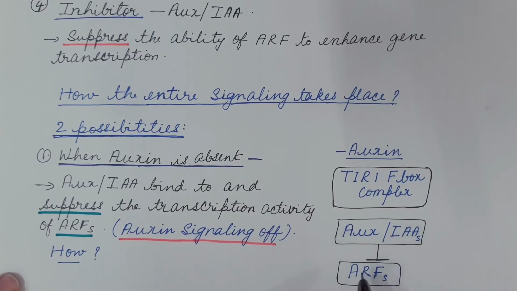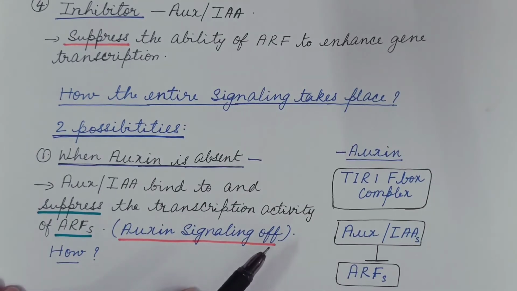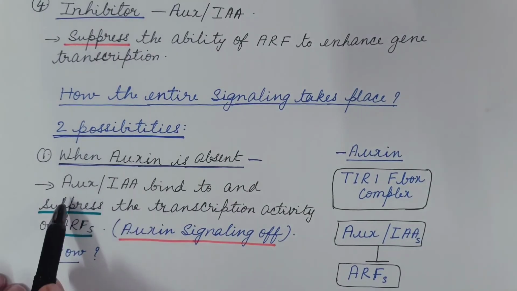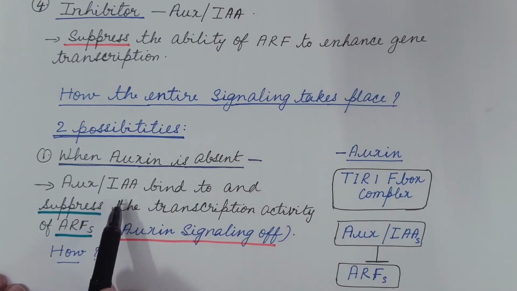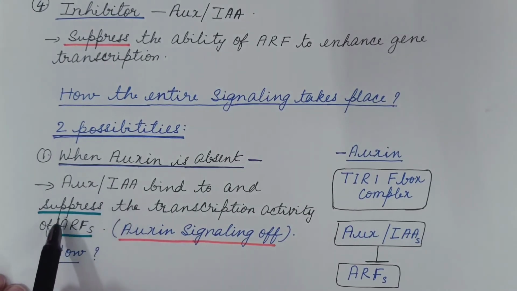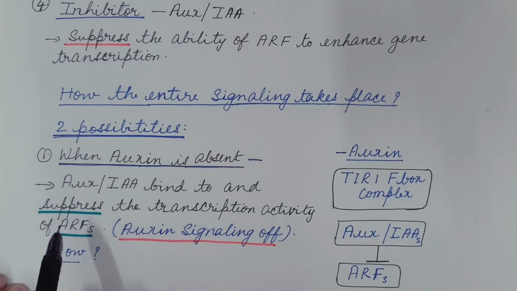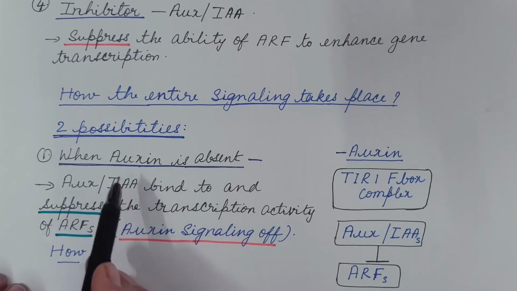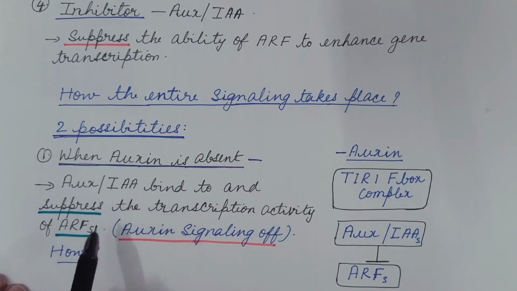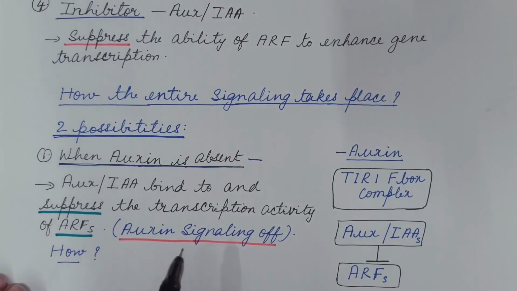It suppresses or inhibits its activity. Auxin signaling is off. So how does it happen? When the AUX/IAA is at the promoter with ARF, then this AUX/IAA recruits other factors to make modifications to the DNA structure, as a result of which ARF is not able to transcribe the genes and hence auxin signaling is off.